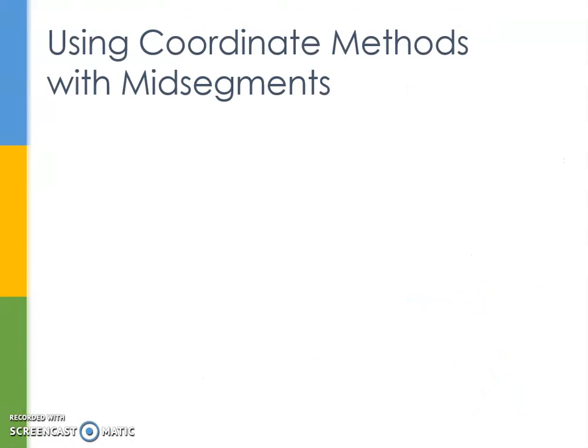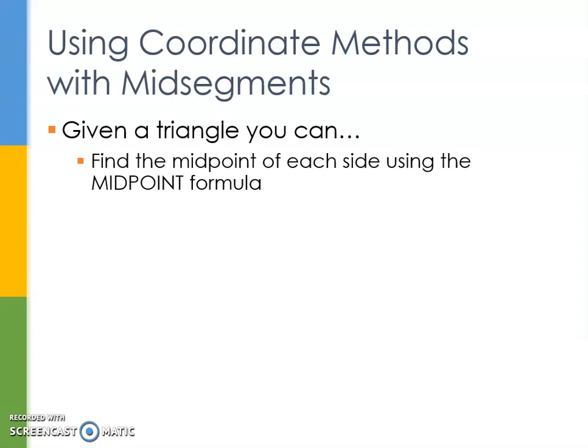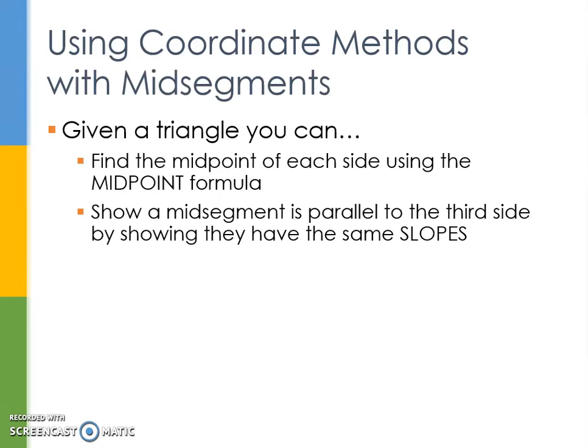So using coordinate methods with midsegments, let's fill in the blank. Given a triangle, you can find the midpoint of each side using the midpoint formula. Show a midsegment is parallel to the third side by using that they have the same slopes.